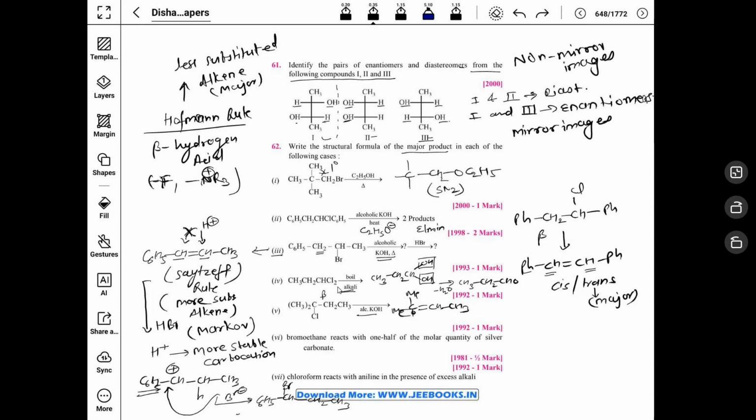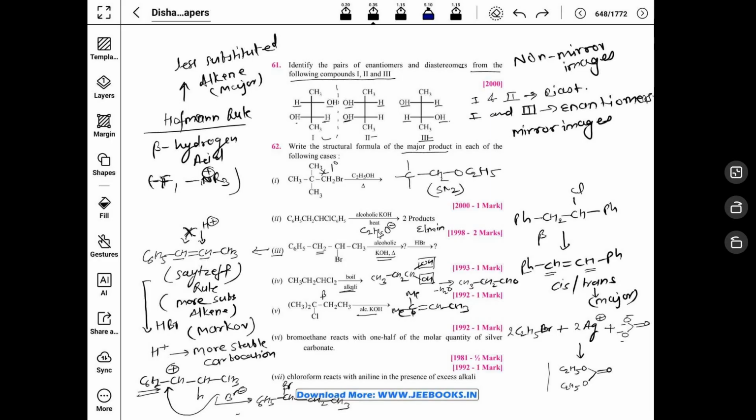Now bromoethane reacts with half a molar quantity of silver carbonate. In this case bromoethane, C2H5Br, reacts with silver carbonate. This is the structure of carbonate, so each oxygen will take an ethyl group. So what will be the product?